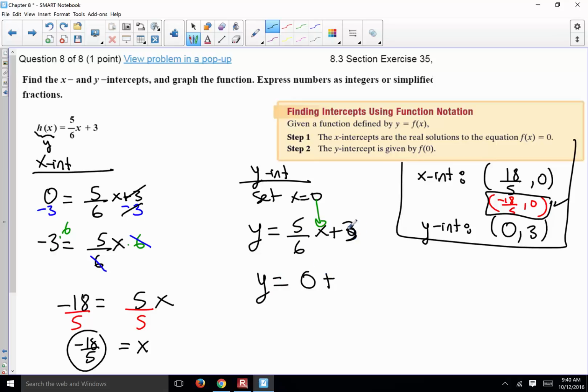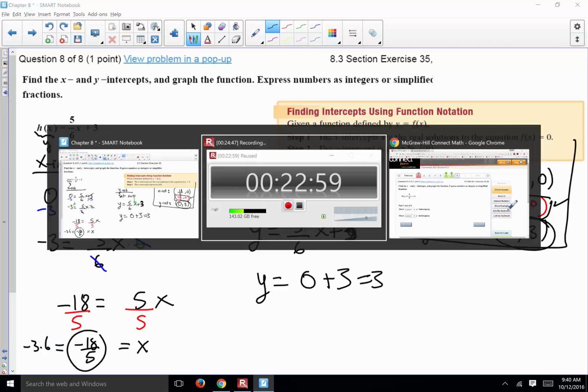I think this is 3, right? 0 plus 3 is 3. Oh, this is correct. Alright, for sketching purposes only, convert this into decimal, please. And it makes -3.6. For sketching purposes, decimals are better than fractions. This is the only time I like them.